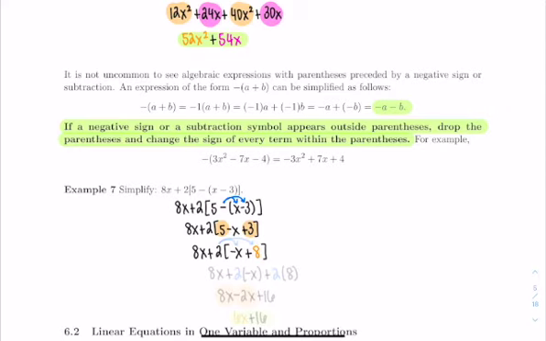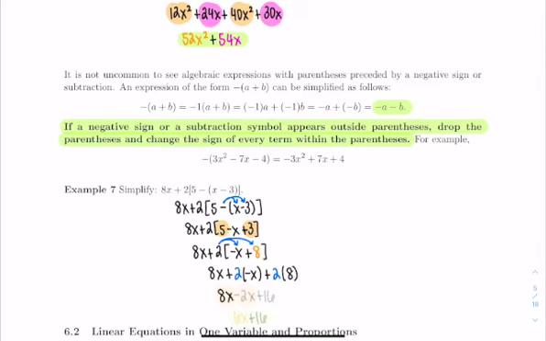So think of these brackets as parentheses. What we can do now is we can distribute the 2 so that we can get rid of the grouping symbols and we can combine like terms. We have 8x, and then when we distribute, we have 2 times negative x, and we have 2 times 8. And so let's go ahead and simplify this.